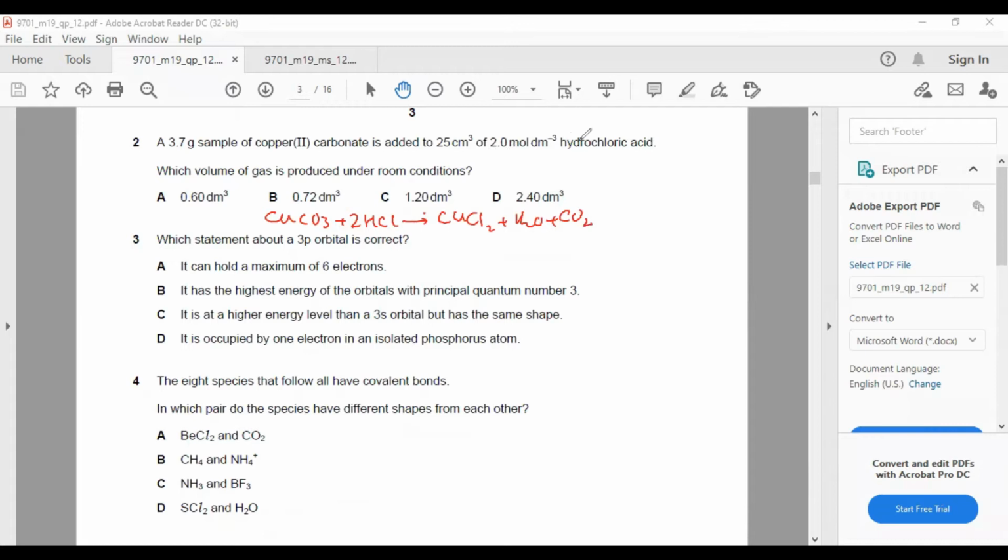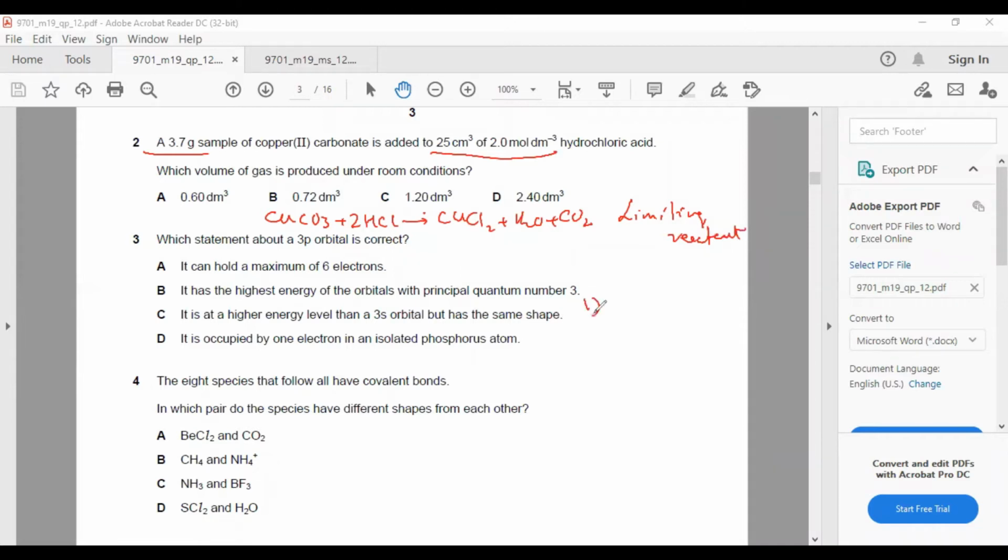First find the initial moles. Then we can see this is a limiting reactant question. First find the limiting reactant.